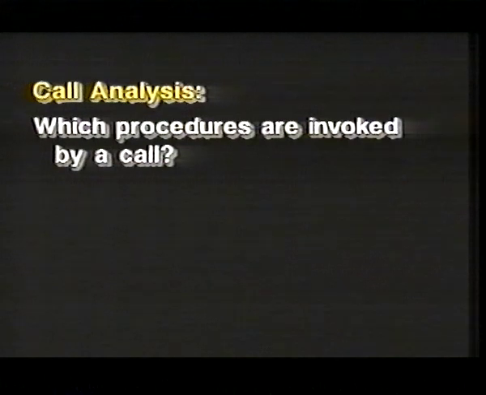It first answers the naming question by performing call analysis, alias analysis, and pointer tracking. Call analysis answers the question, which procedures are invoked by a call? This might seem simple, but each language has features which introduce complications.